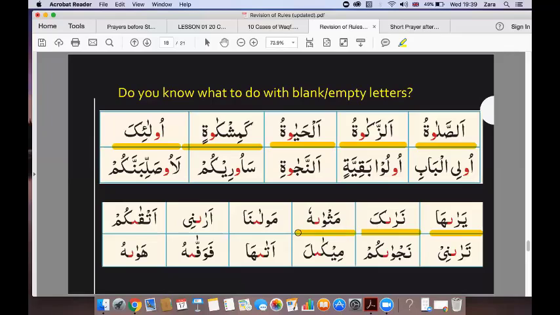Naraka. Mathwahu. Malana. Arani. Atkakum. Excellent. Very well read.